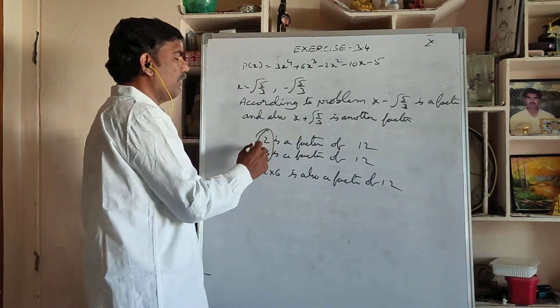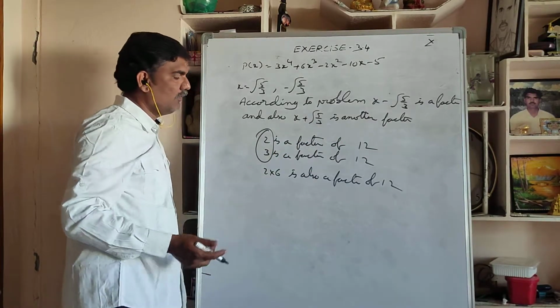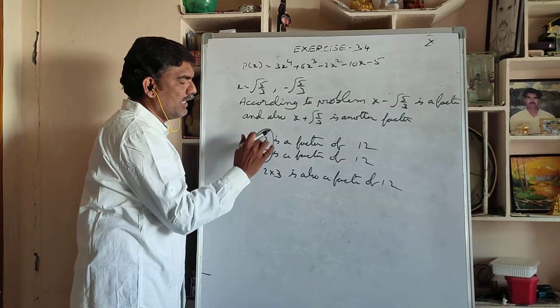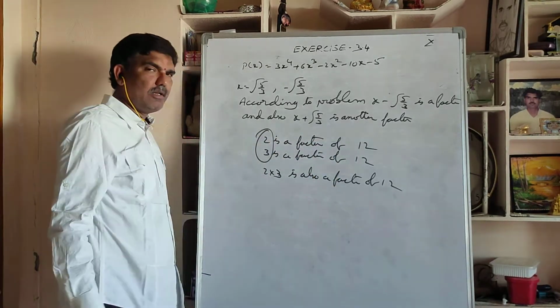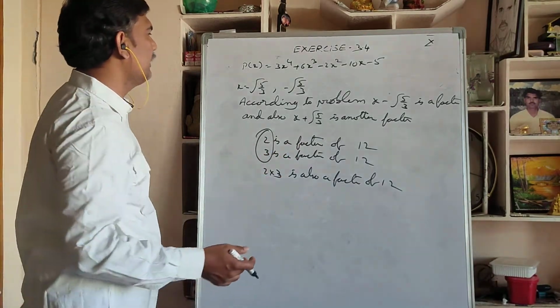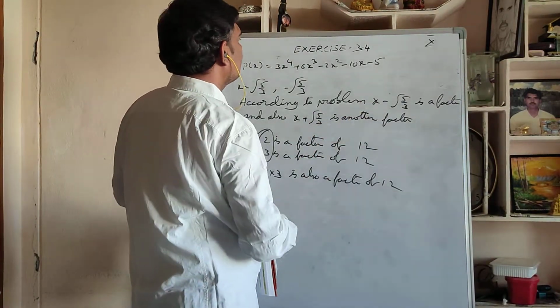Two different prime numbers are factors of this number, which means their product is also a factor. Individually, if they are factors of the same number, 2 into 3 is also a factor. Same like that, this is a factor and this is a factor of the same polynomial.